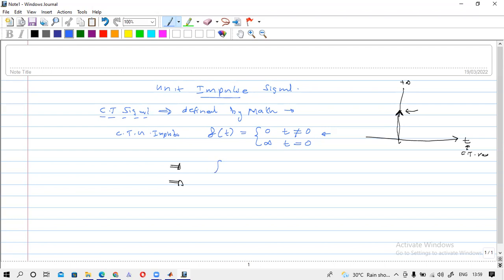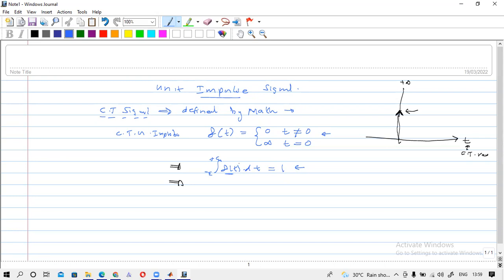One is like this, within very small limits: if we integrate delta t with respect to t, we will get 1. This is the area.